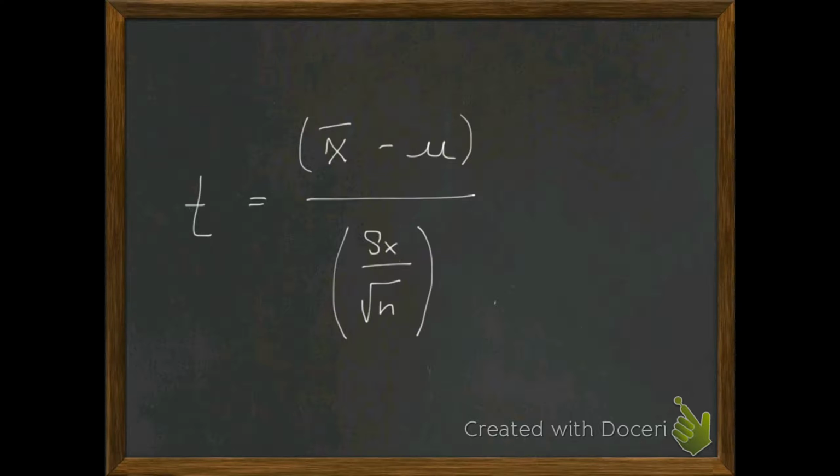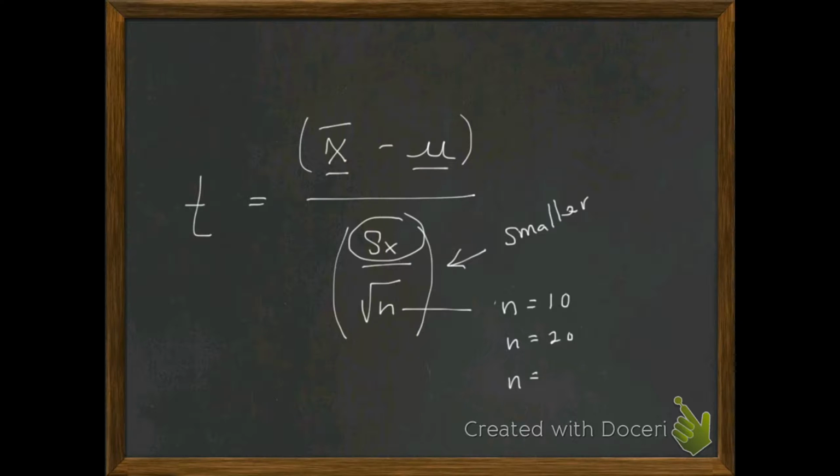Well, it should be pretty clear that if we can make this thing smaller, then we make our test statistic bigger. And when we make our test statistic bigger, we get lower p-values. If you hold this and this constant, it's easy to see that as you go from n equal 10 to n equal 20 and just keep letting n increase, you're going to make the denominator smaller. But when the denominator becomes smaller, obviously your test statistic gets larger and it creates a lower p-value.